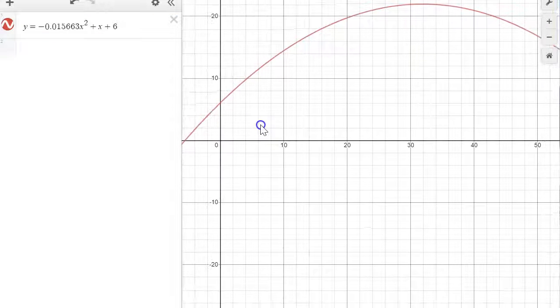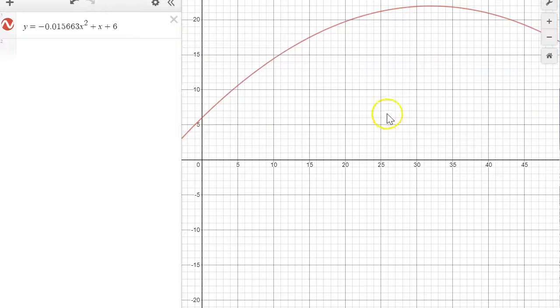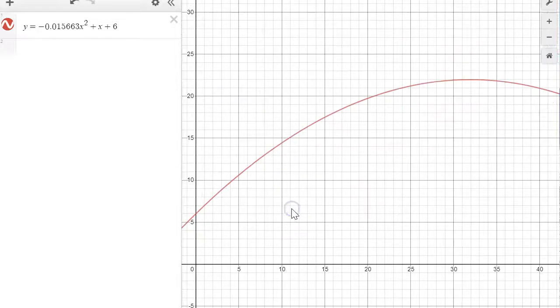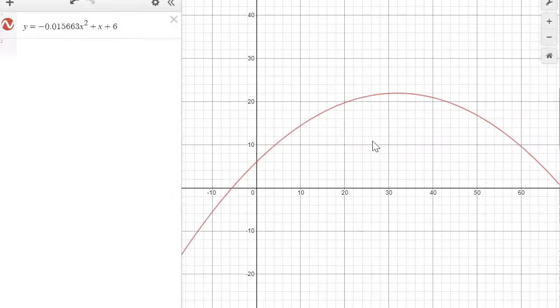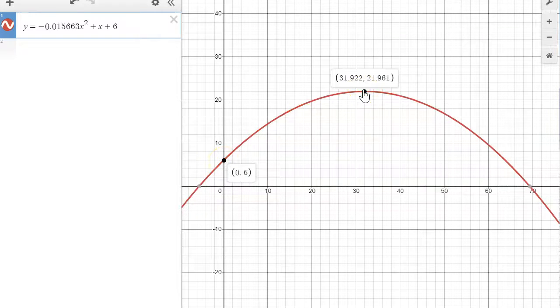Since I'm on the computer, I can scroll out, because I want to see where it ends. So it is crossing over here at 6. It has its maximum height right there, and this is where it crosses the y-axis.